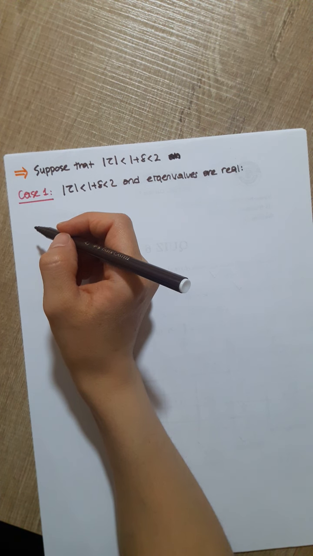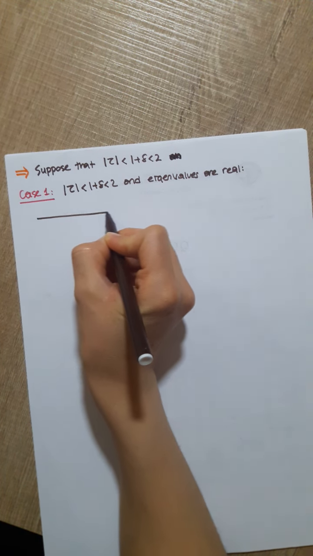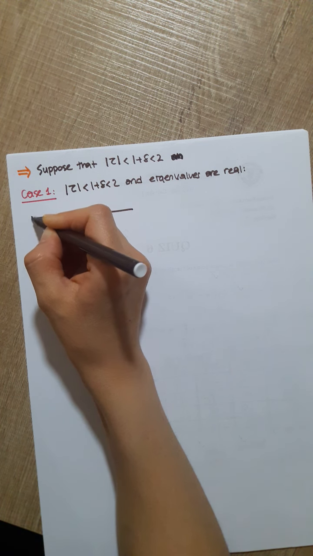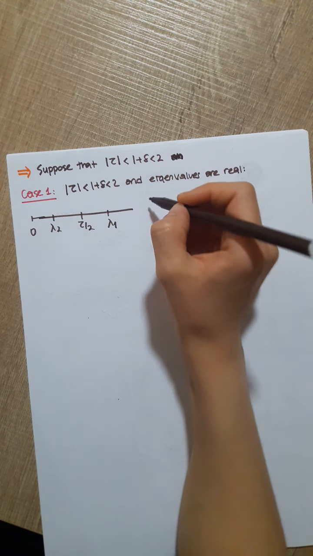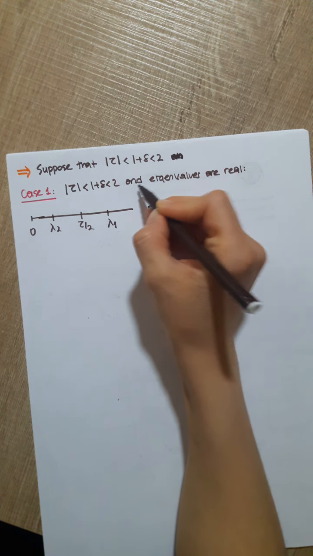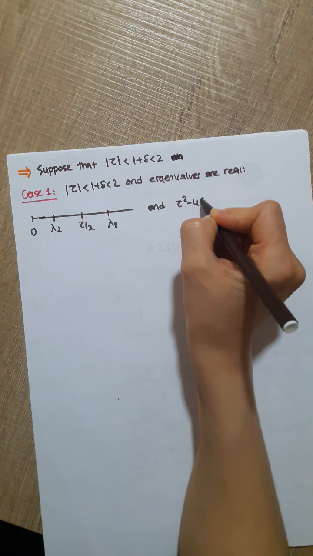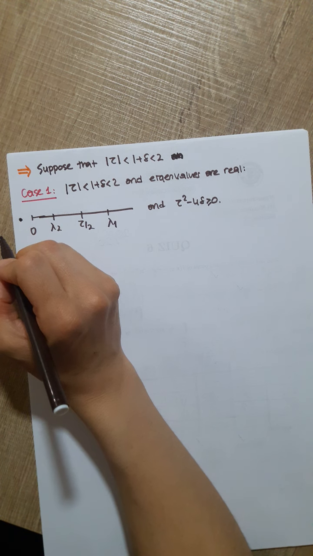So, first of all, we know this from the graph. This is lambda 2, and this is 0, and this is tau over 2, this is lambda 1. And because they are real, we know that tau squared minus 4 delta is greater than or equal to 0. We know this first of all.